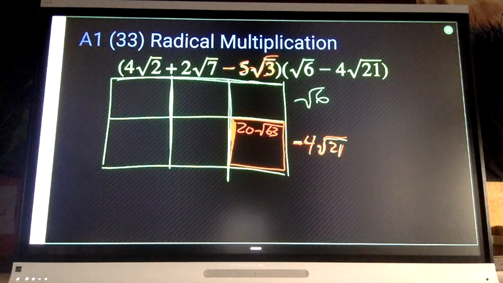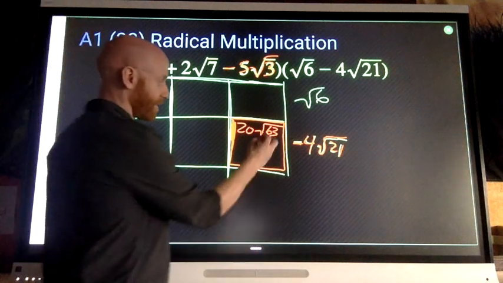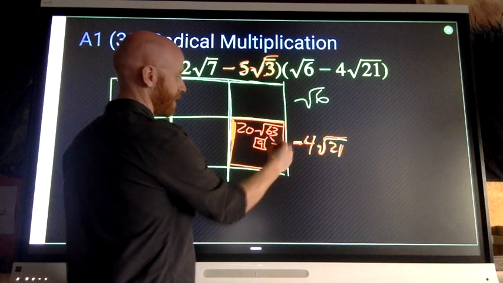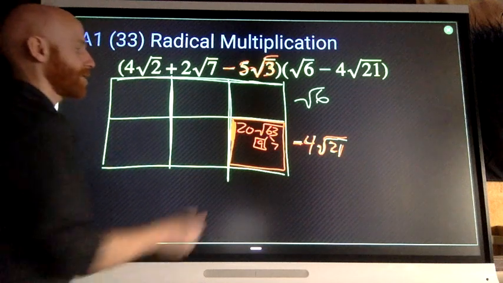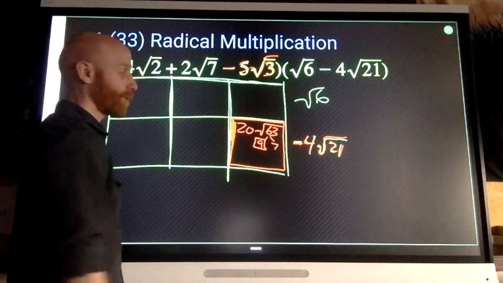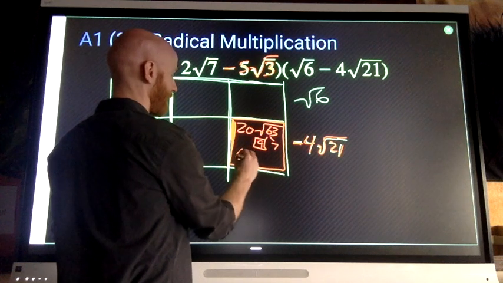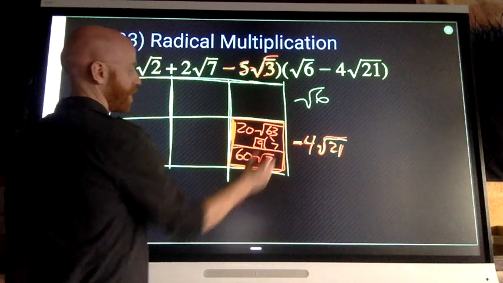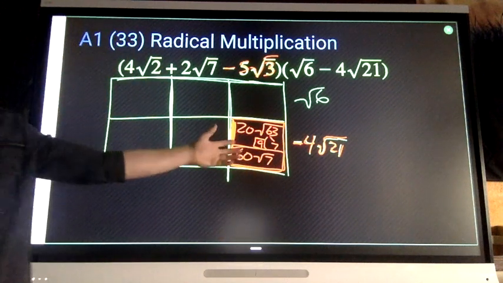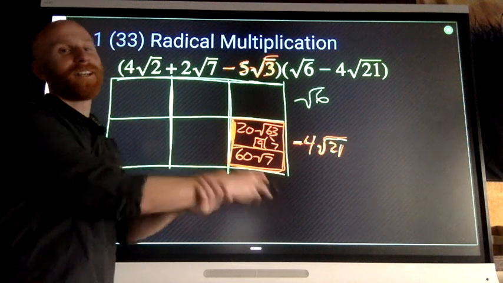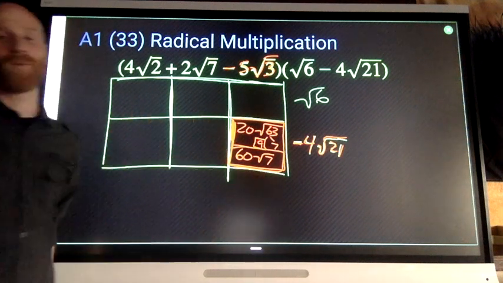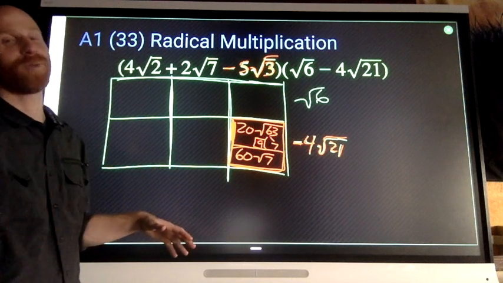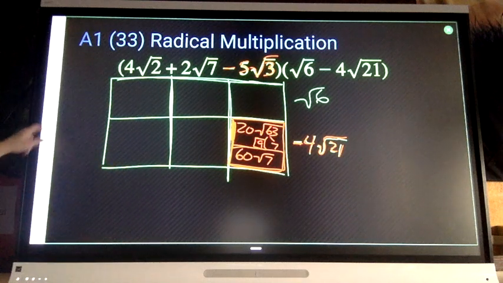I'm going to simplify right now. 63 is 9, a perfect square, times 7, an imperfect square. So the 9 is going to break out. Square root of 9 is 3, and 3 times 20 is 60. 60 square root of 7 is the actual simplified answer for that box. And this is where I'm saying, if you didn't deal with the earlier skill on simplifying square roots, this is going to be beyond you. Definitely if you didn't handle 18, you have to go back and do 18 before you can do 33.